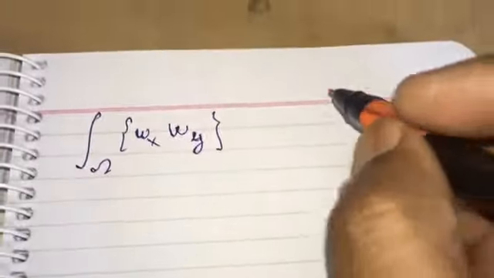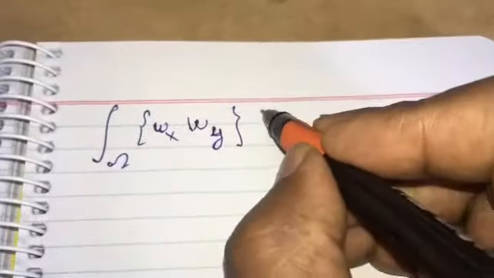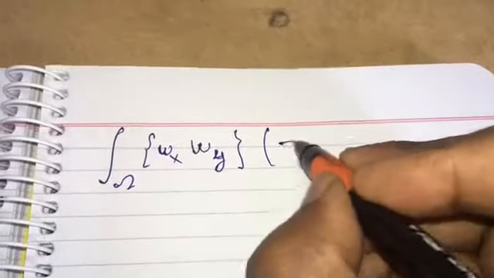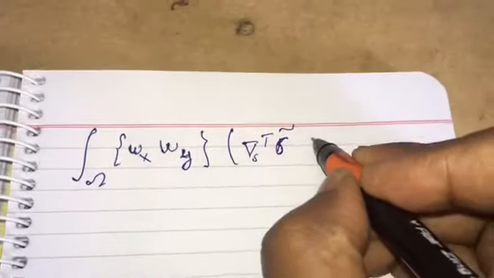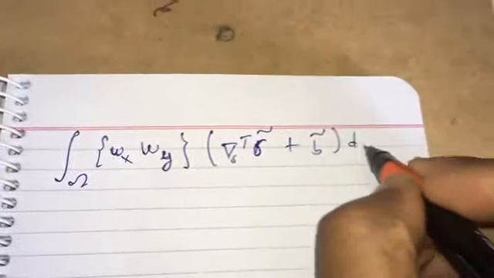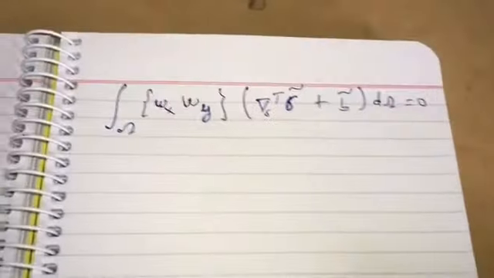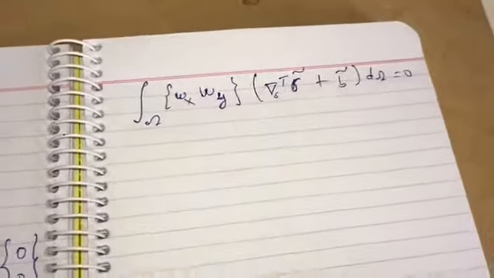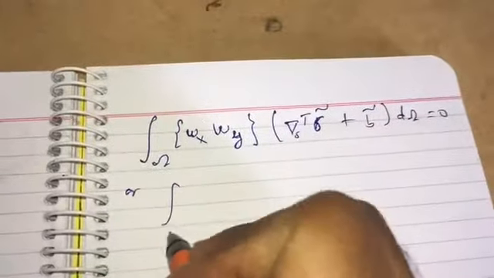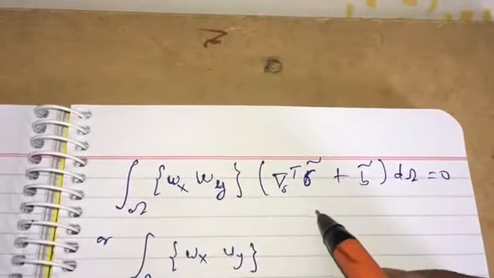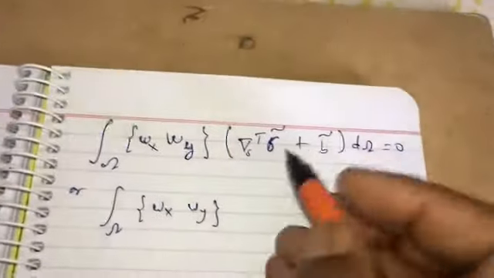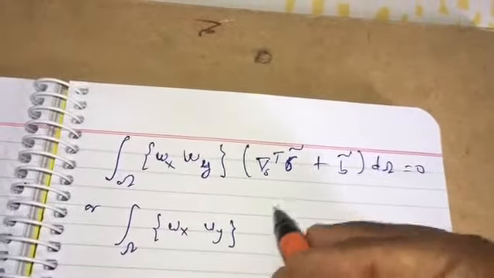We have del s transpose sigma plus b equal to 0. Okay, expand further. So we have wx wy, and this equation.